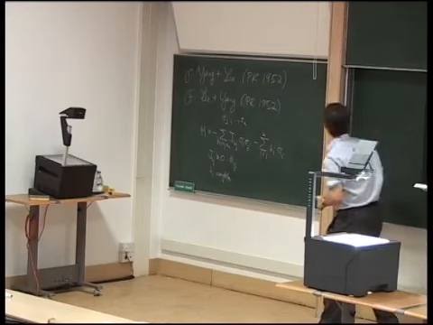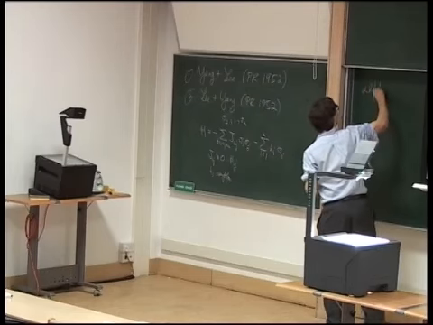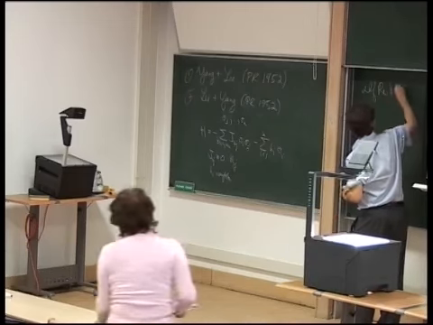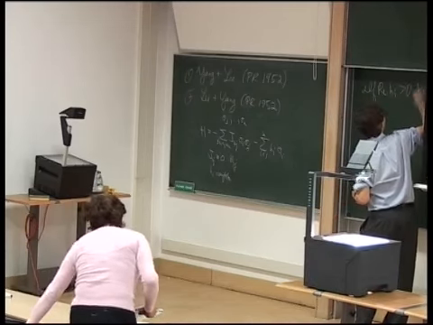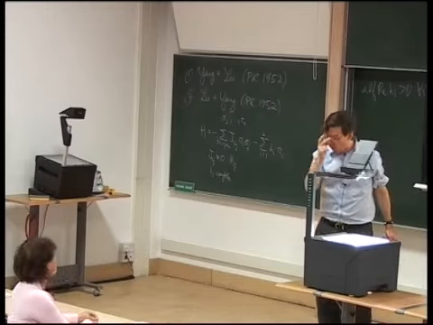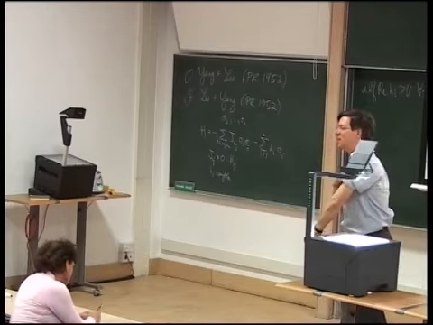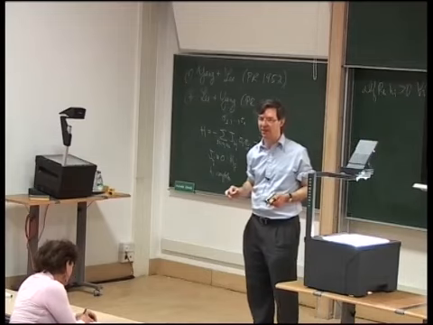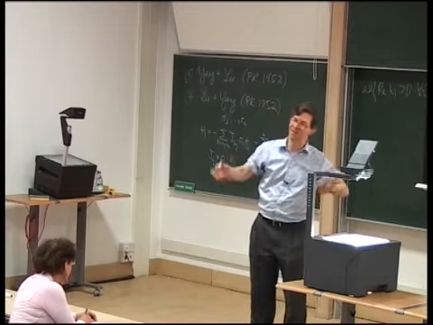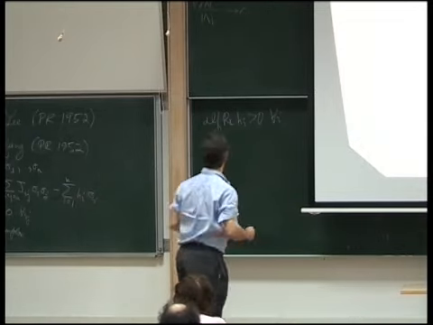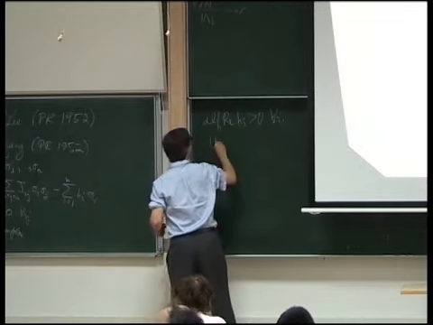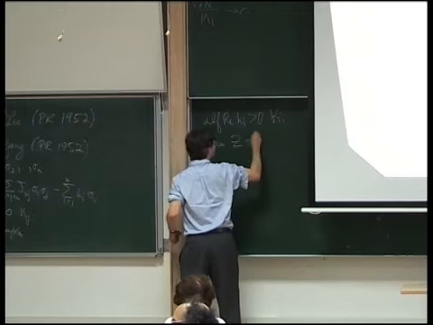And here's the claim. If the real part of h_i is strictly positive for all i, so if all of the complex magnetic fields have strictly positive real part, or by symmetry, if they all have strictly negative real part, then the partition function is not zero.